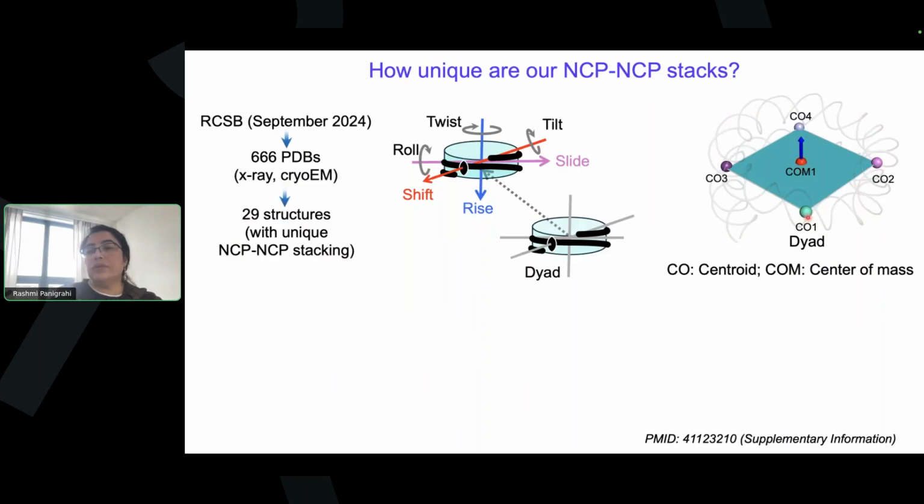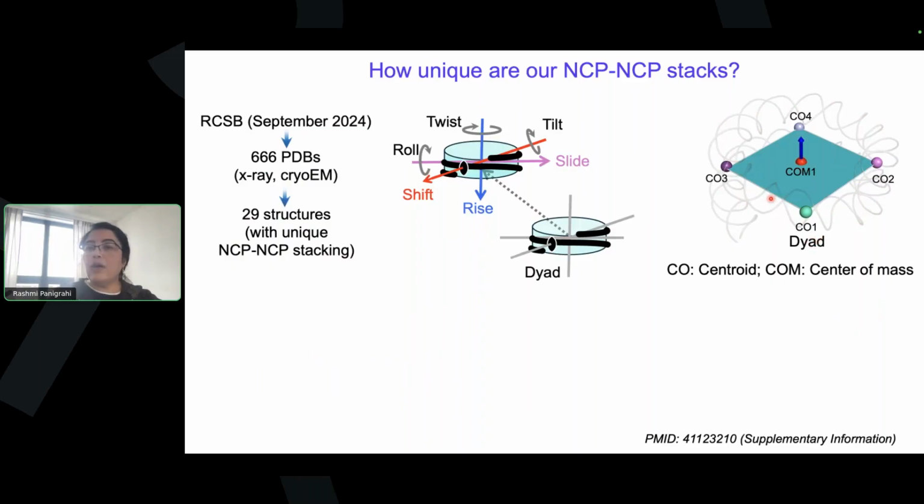After that, we have the dyad center over here, as we know, and 19 base pairs upstream and downstream of the dyad was considered as the centroid. So centroid 3 and centroid 2, and then we could draw a plane including the dyad, centroid 2, centroid 3, and center of mass. That plane, when extended, could reach the centroid of the 38th base pair upstream and downstream of the dyad.